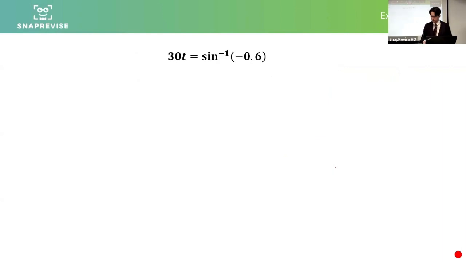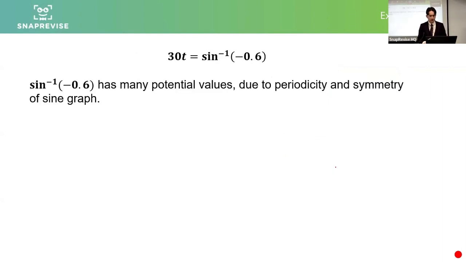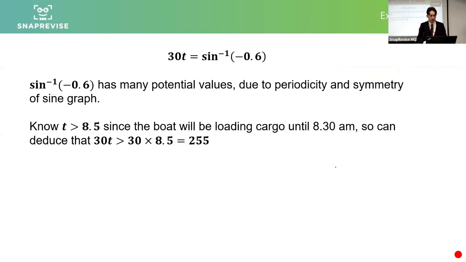Okay. Now, solving this carefully, we know that there are infinitely many values to that, many potential values due to the infinite repetitions. So we have to look at the domain, the restriction. T has to be greater than 8.5 because they can't start loading the cargo till 8:30, which is 8.5 hours after midnight.